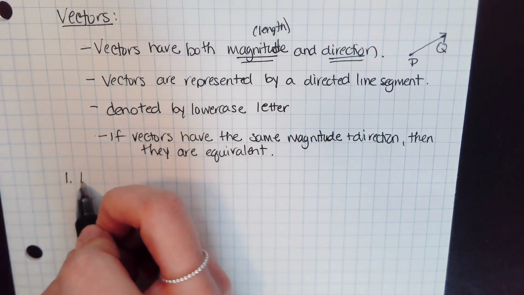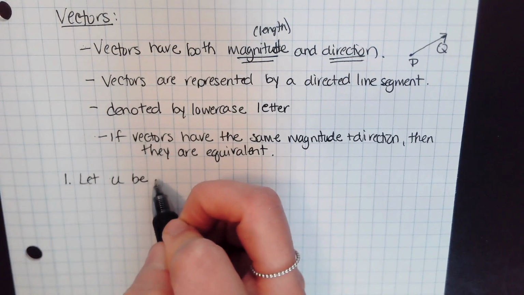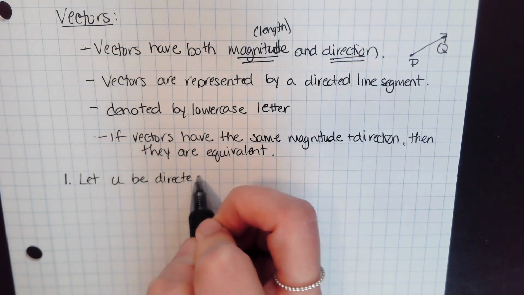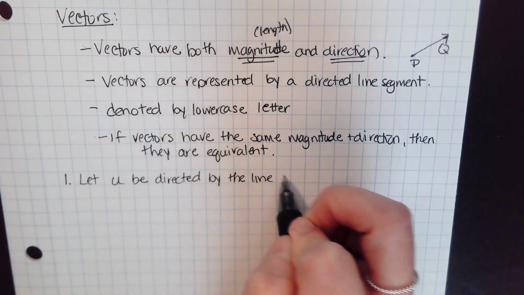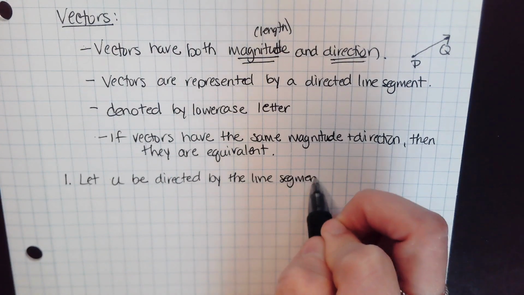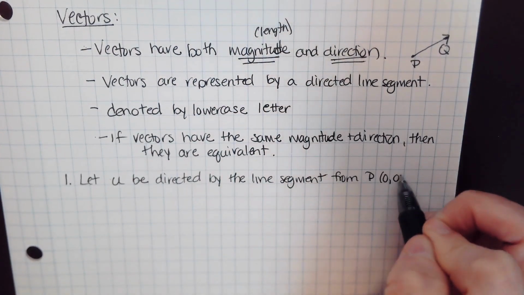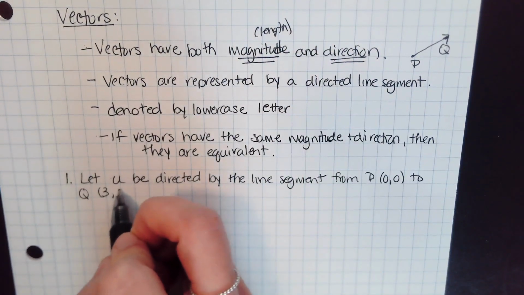All right, so first question. Let U be directed by the line segment from P, which is 0, 0, to point Q, which is 3, 2.